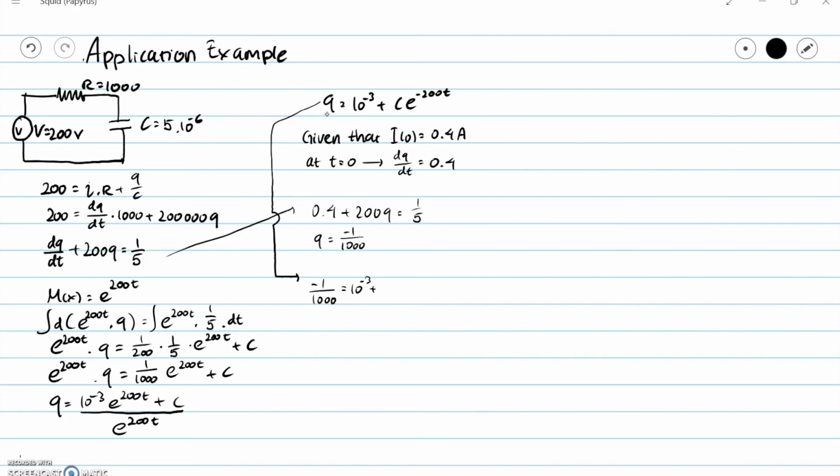By plugging in what Q is, we are then able to find out what C is. In this question, C equals 1 over 500. So we are able to find out what Q is.